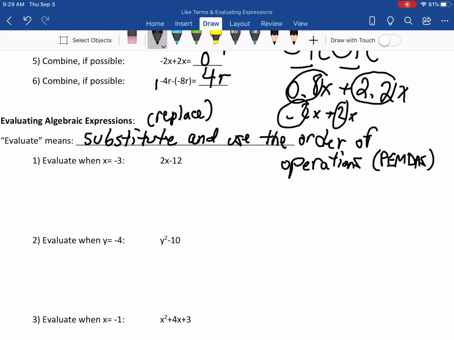So in number 1, it says evaluate when x equals -3, 2x minus 12. So in this algebraic expression over here, I'm going to substitute x with -3. So we're going to rewrite it as 2 times -3 minus 12. Okay, so we have multiplication over here and then subtraction over here.